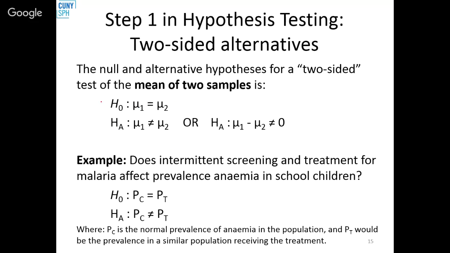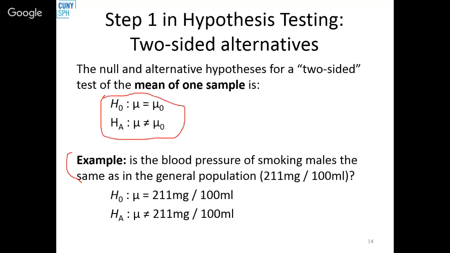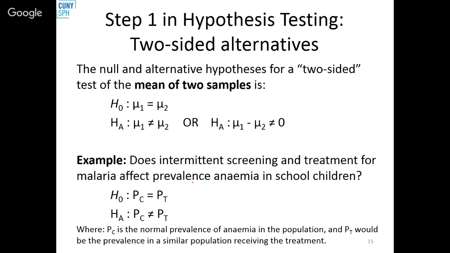The null hypothesis is that the mean of those two populations is the same. This looks very similar to here, where it was mu0. The difference is that here, we don't have exact values for either one of these means. All we have is samples of both of them.